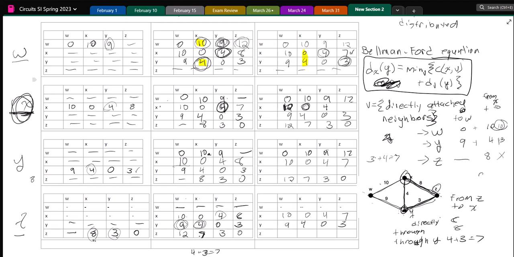Going through y, it only costs 3 to get to z from y. How much does it cost us to get to y? It costs 9. Okay, so that's not going to be less than 7. Did this vector change? It did not.